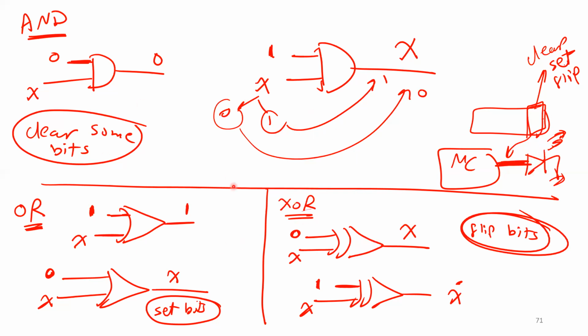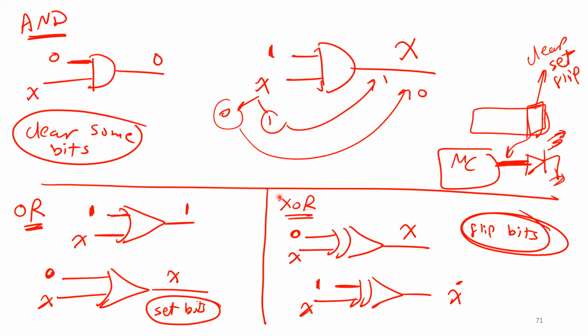Let me tell you the conclusion here, guys. We have 3 instructions: the bitwise logic instructions AND, OR, and XOR. I explained how they work and how we can use them for bit manipulation.